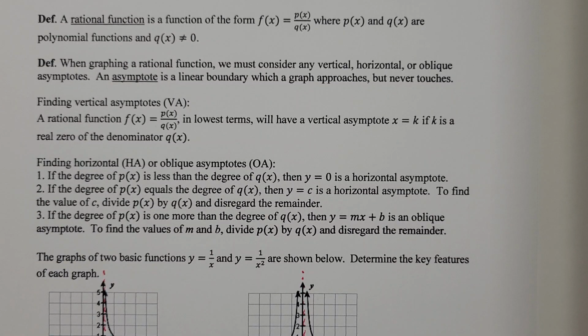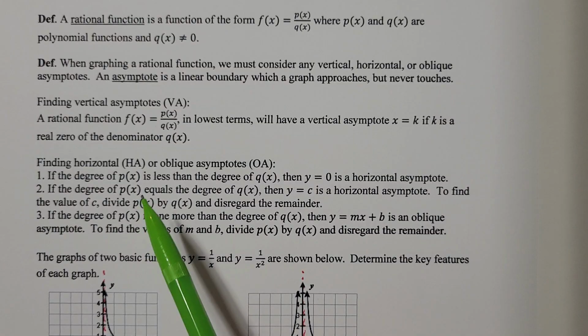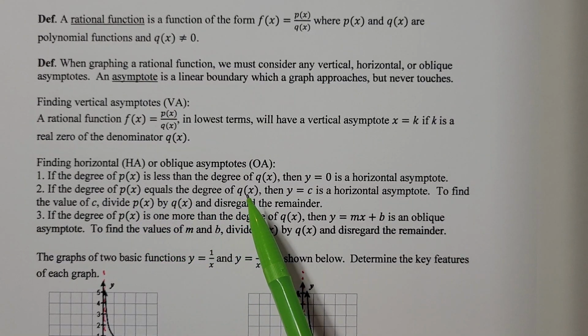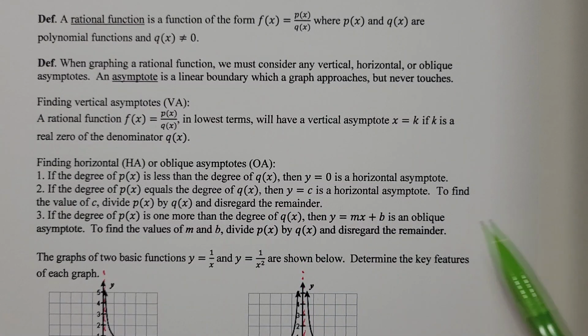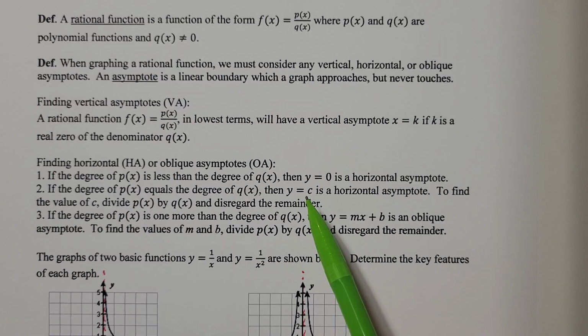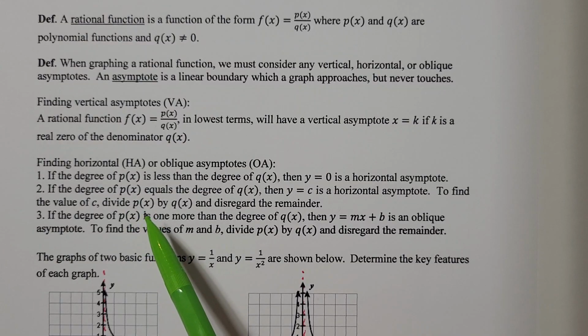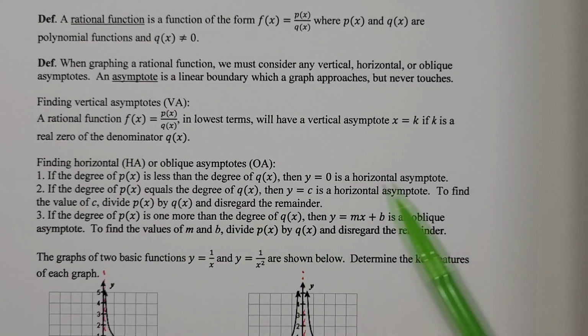Okay? Item 2, if the degree of the top is the same as the degree of the bottom, then that means there's going to be a horizontal asymptote. It's not going to be at y equals 0. It's going to be at y equals c. And to find the value of c, you're going to divide p of x by q of x and then disregard the remainder. I'll talk about why we're disregarding the remainder after we look at some examples here. Okay.